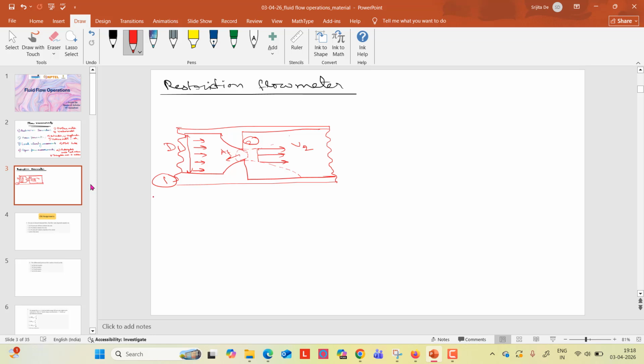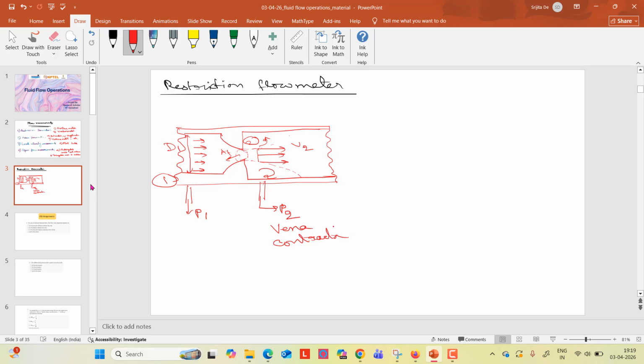In this position, the pressure is P1, and in this position, the pressure is P2. So this portion is called the vena contracta.